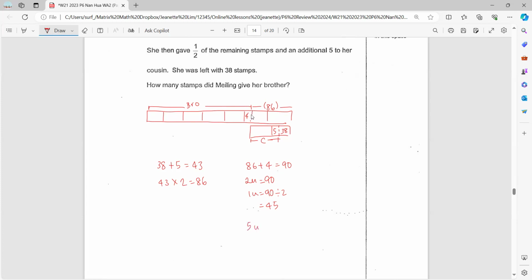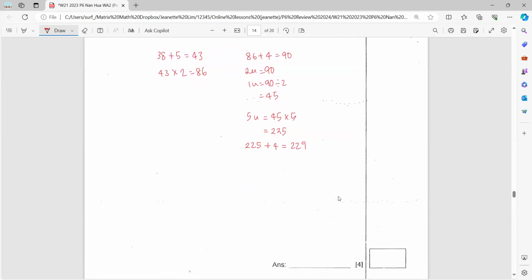So 5U, 45 times 5, which is 225. Then add 4. Okay, add 4 here. Answer 229.